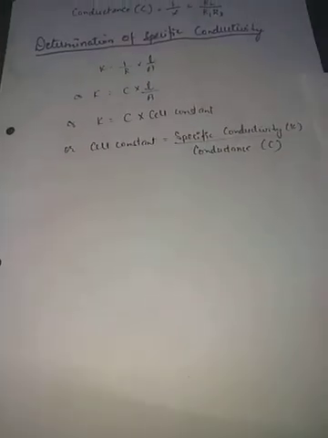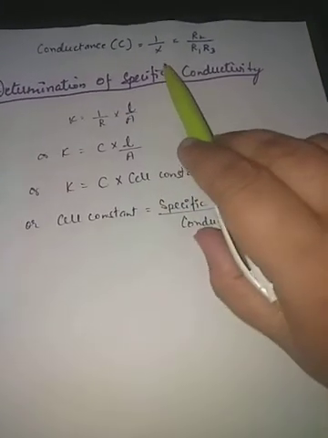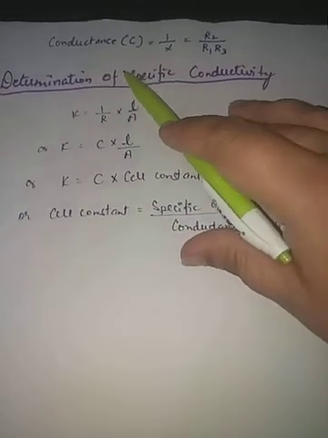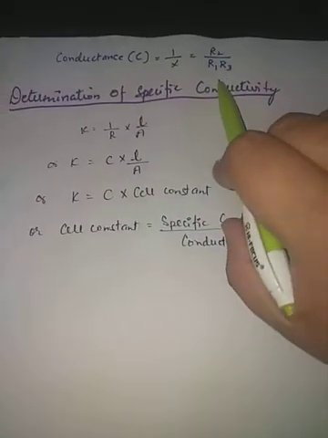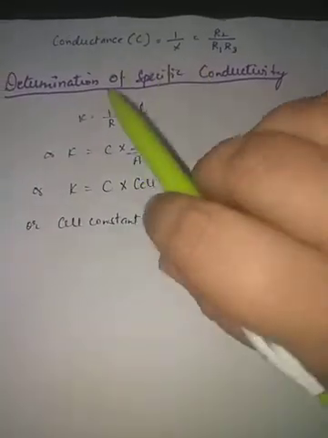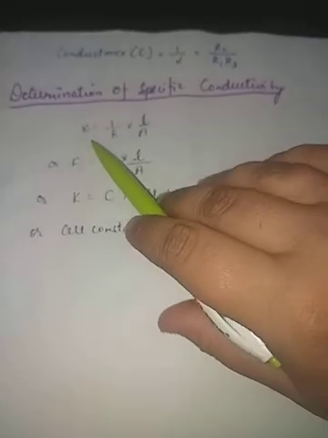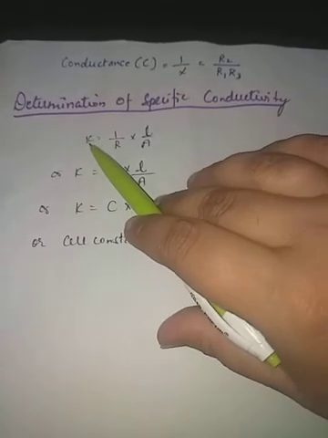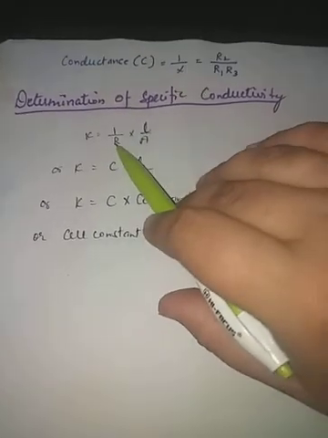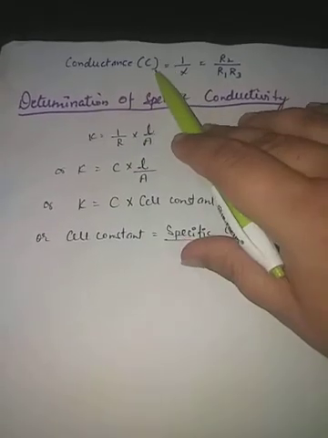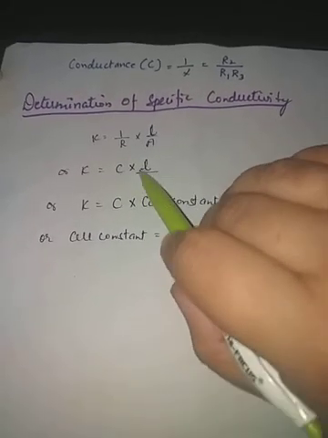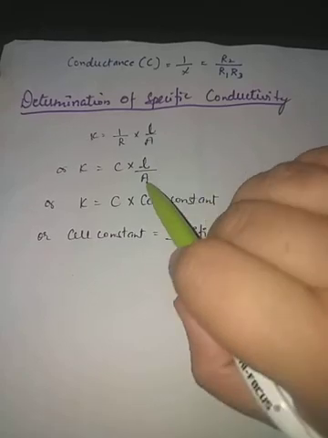R can be calculated, and we know that R is the inverse of the conductance, so we can calculate the conductance with the help of this formula. If we have to calculate the specific conductivity, kappa, it equals 1 by R into L by A, and we know that 1 by R equals C. So it equals C into L by A, and L by A is the cell constant.